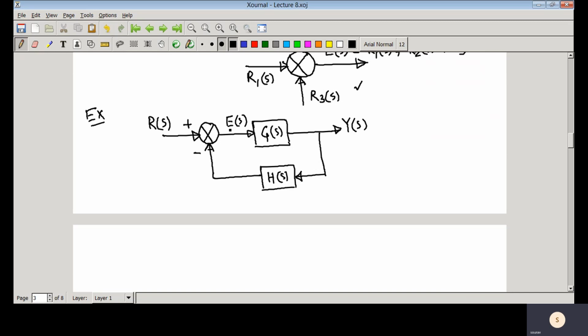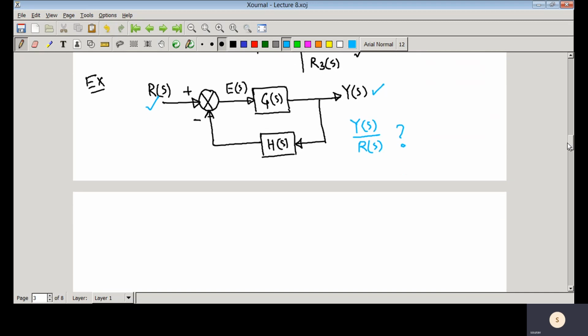Now we are interested in finding Y(s) with respect to R(s). That means, what is the transfer function from this reference signal to the measured output signal? So how to solve it? All the signals are seen in algebraic form, so all algebraic operations take place.